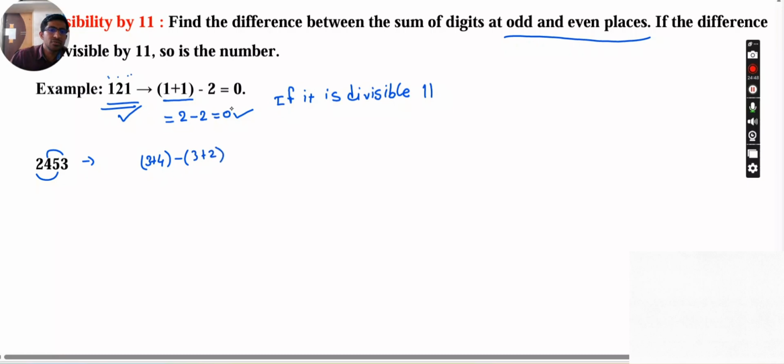Sorry, here I have to write 5 plus 3 minus 4 plus 2, because 5 is present here. 8 minus 6... their subtraction comes to 0. So if it comes 0, then the given number is divisible by 11. In this way we can understand whether the given number is divisible by 11 or not.